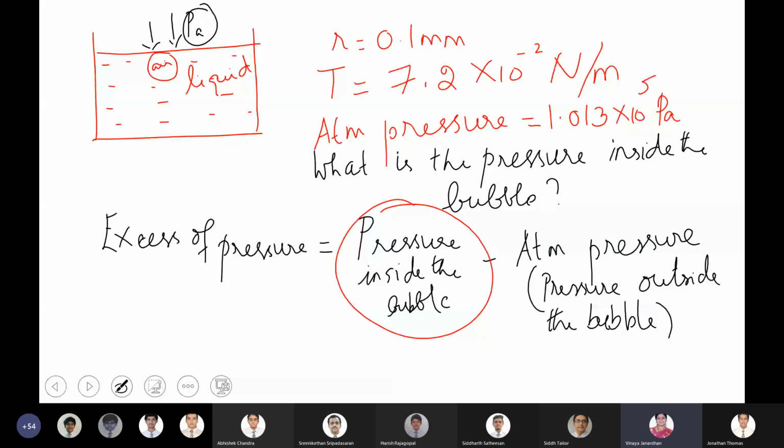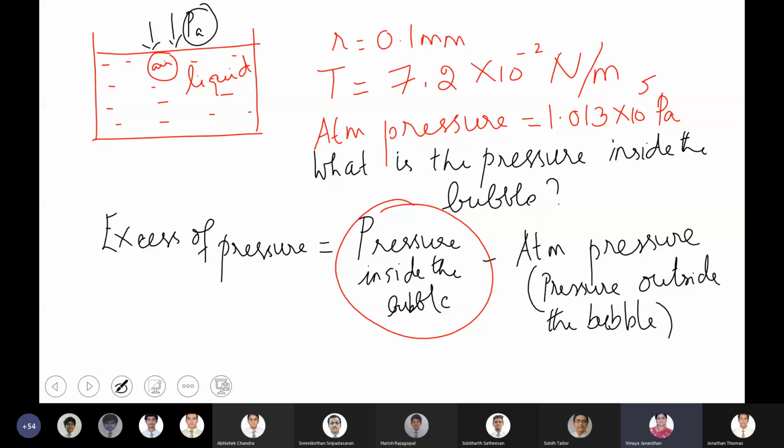A soap bubble existing in the atmosphere has 2 free surfaces, because outside the bubble you have air, and inside the bubble also you have air. Whereas an air bubble inside liquid has air inside and liquid outside, so it has only 1 free surface.